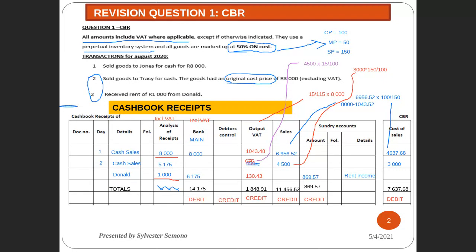So that analysis of receipts is just helping you to transfer. If we didn't have it, you will see when we go to the next book, we don't have analysis, so everything will go to the bank one by one. But under receipts, we use analysis to add figures which took place on the same day. I hope that you are answered.